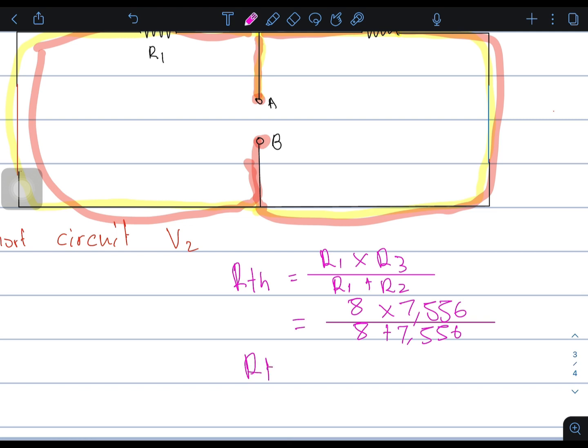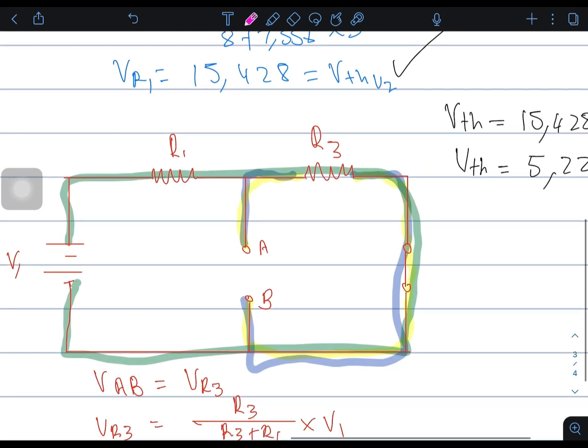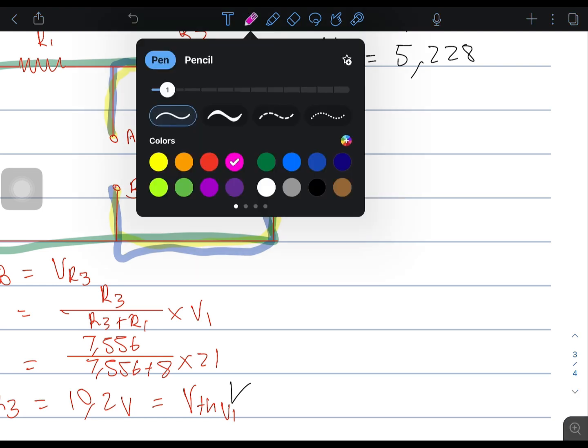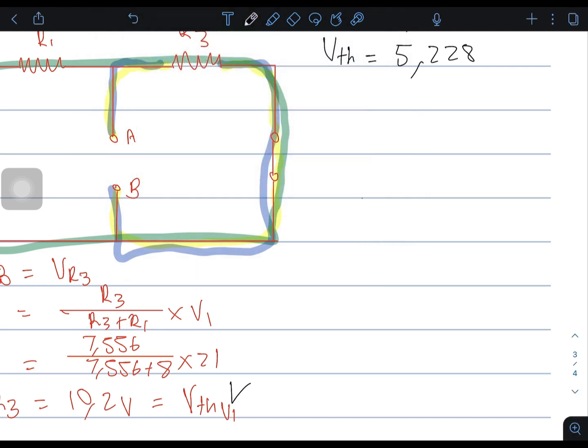Therefore, the Thevenin resistance is, let me check my calculator, 8 times 7,556 over 8 plus 7,556. That is going to be 3,886 ohms. Now we have a Thevenin voltage and a Thevenin resistance. We can basically draw a Thevenin equivalent circuit.